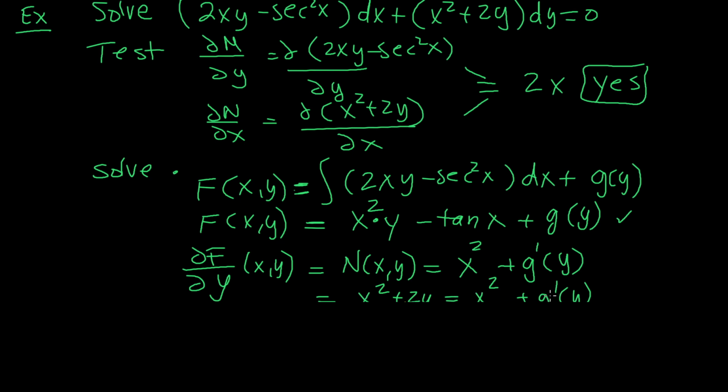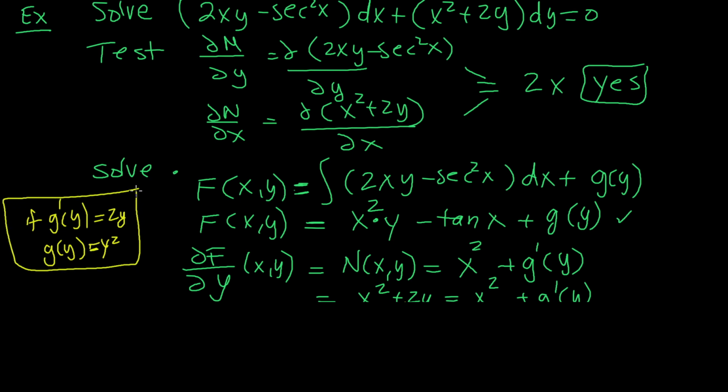And now, once we have this, maybe I'll do it here so we'll keep all on the same page. So if g prime of y is 2y, then g of y is y squared, right? And now that gives us this solution, and replace g of y with y squared.